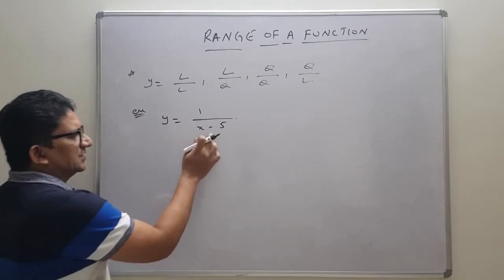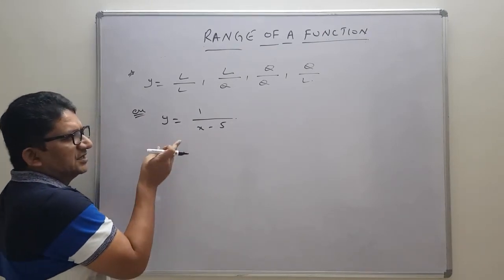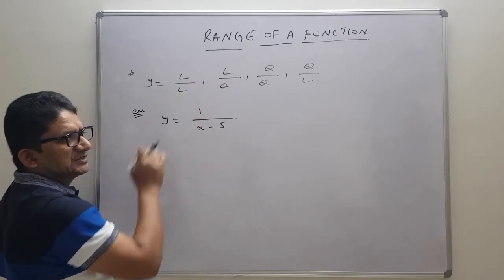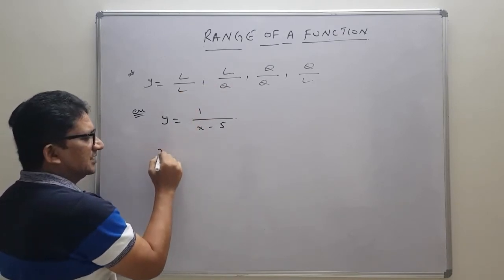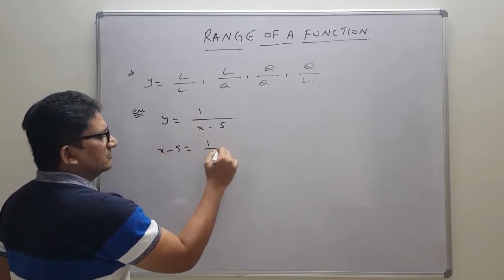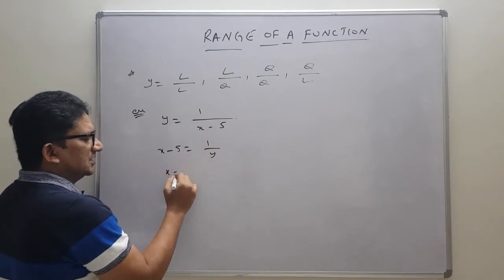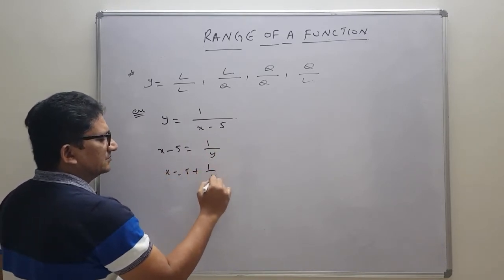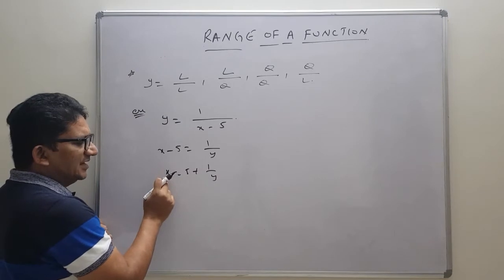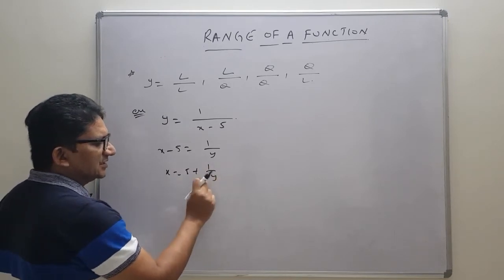The technique to find this one is you try to write the value of x in terms of y. That means we can write it as x minus 5 equals 1 by y. That means x equals 5 plus 1 by y. Now x is valid only when y is not equal to 0.